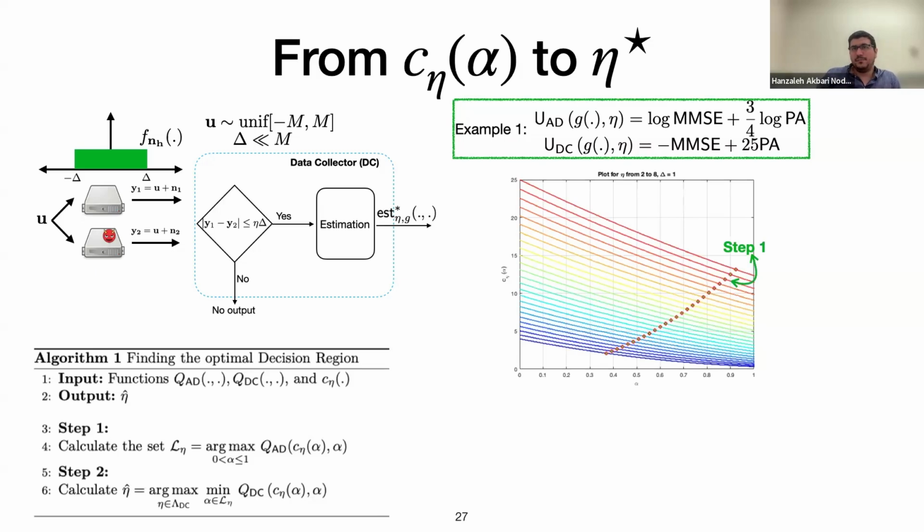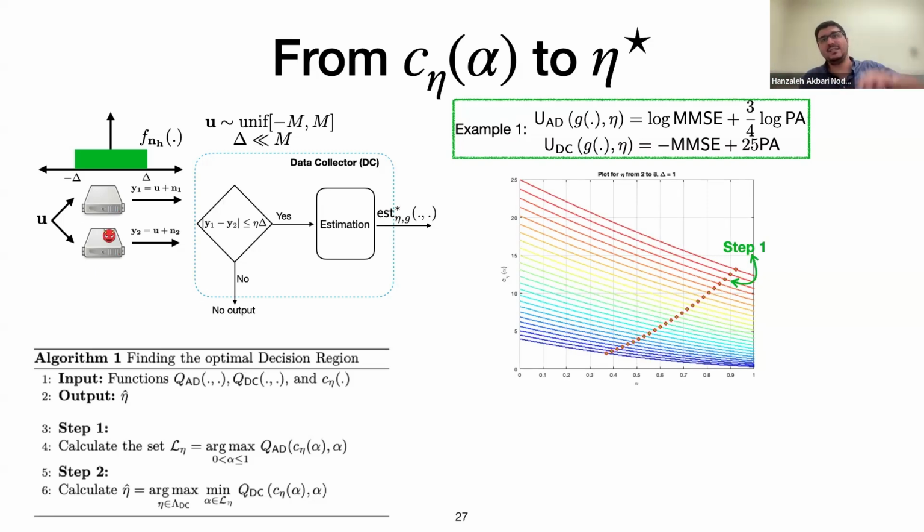In step one, for each value of eta, for each curve, we try to find a point that maximizes the utility of the adversary. Each of these green points is the point where, for example for the first one, if the data collector commits to eta equal to 2, then in response the adversary would choose the best noise to maximize its utility.